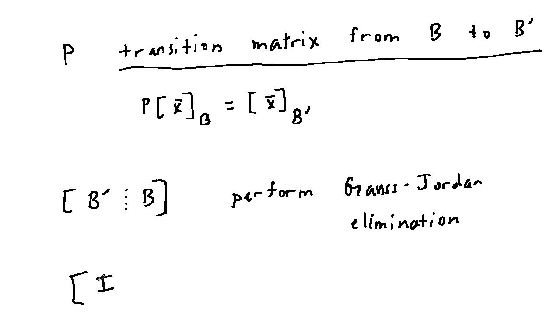So you'll have the identity, and whatever is on the right hand side is P.